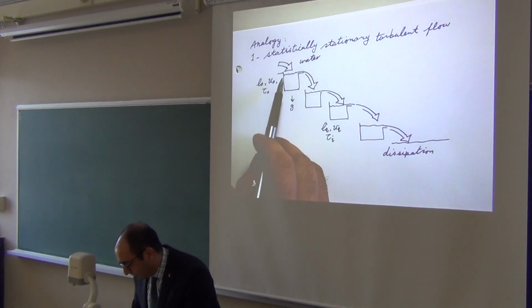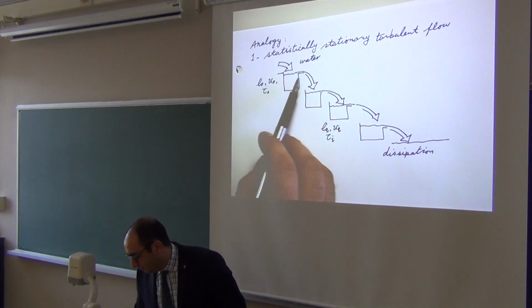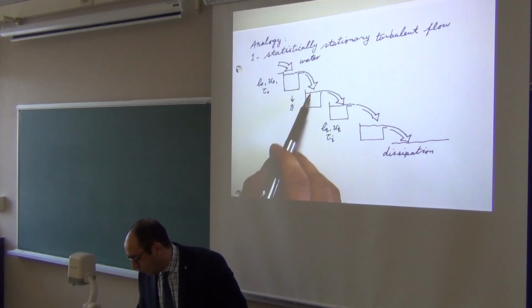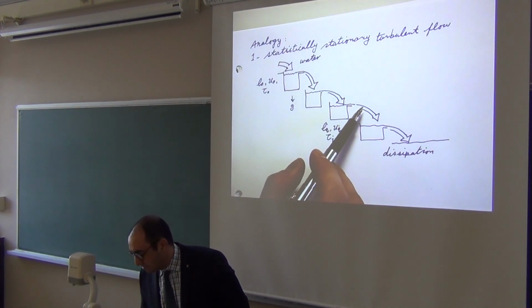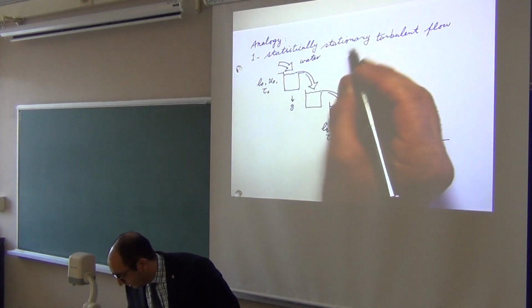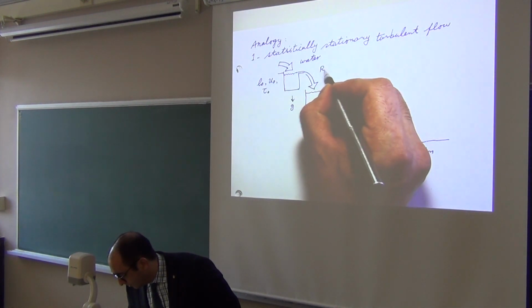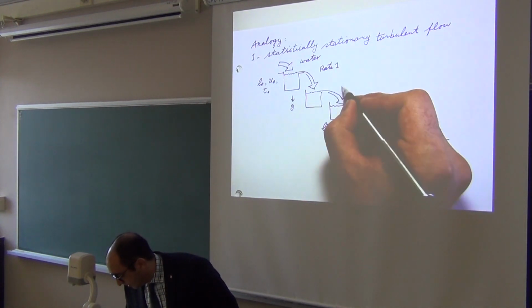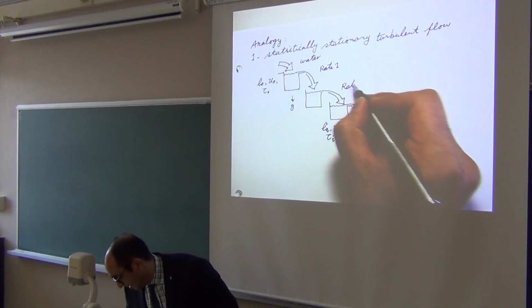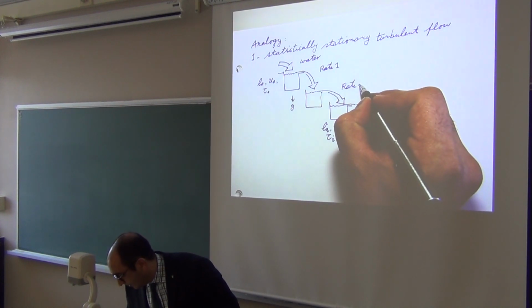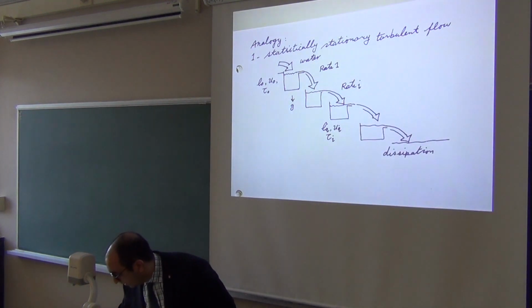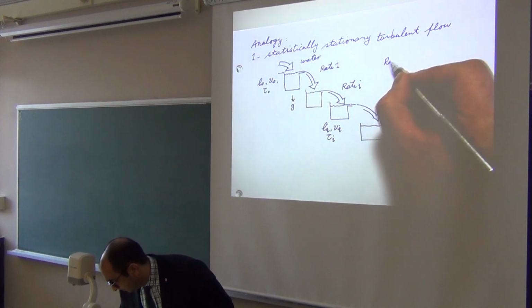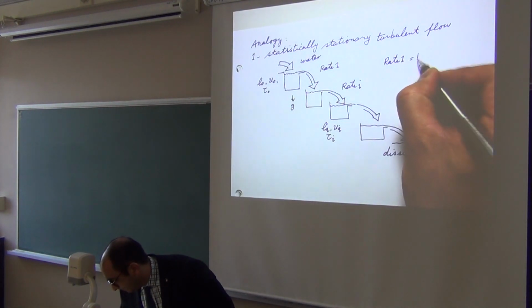If all of these buckets are filled near the top, the rate of passing water down to the next stage is the same. Call this rate 1. It's the same as rate 2, is the same as rate I, all the way. So all the rates are the same.